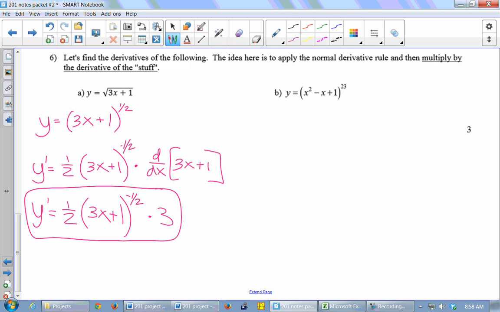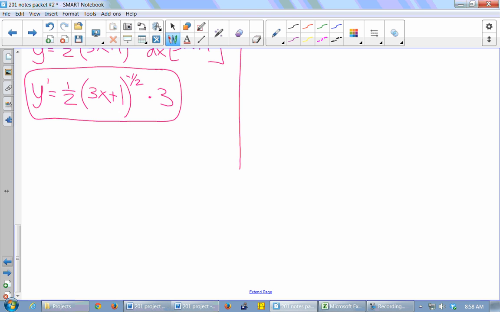You could simplify it to 3/2. So the book would write this as, if we were going to simplify this, we'd have 3 on top over 2 times the square root of 3x plus 1.